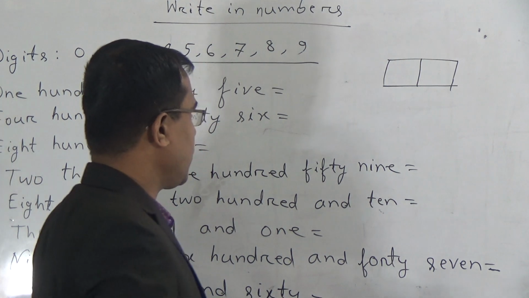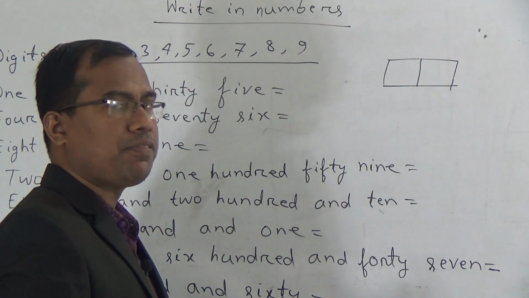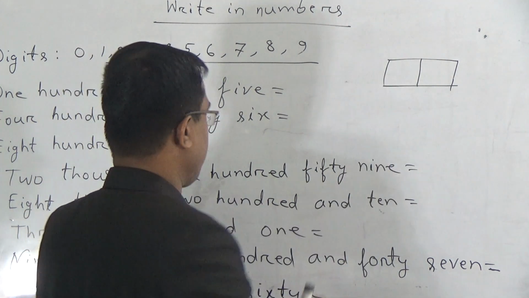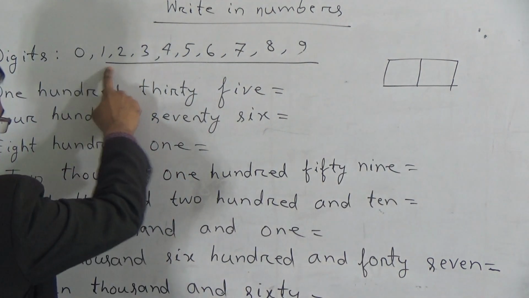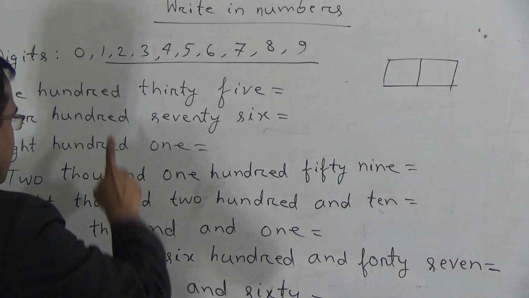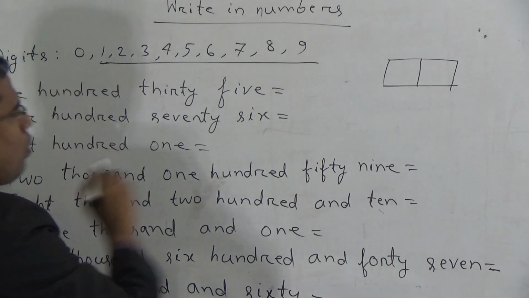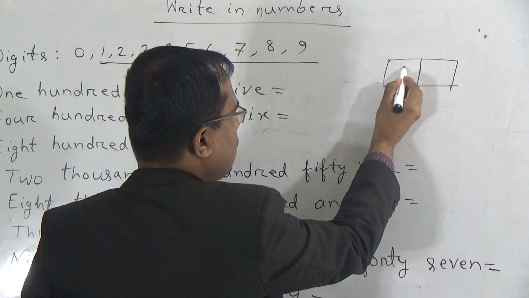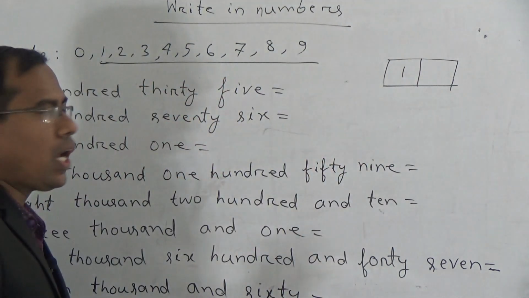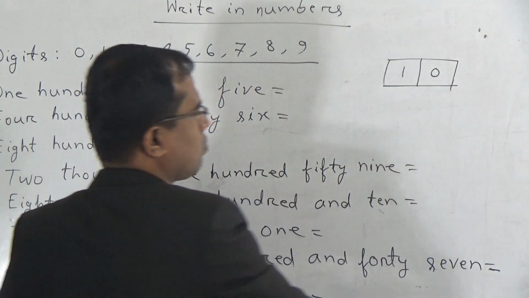And for writing 10, we write the smallest significant digit in tens place. Here 1 to 9, these 9 symbols are called significant digits, and from the significant digits 1 is the smallest significant digit. So we will write 1 in tens place and we will write 0 in ones place.